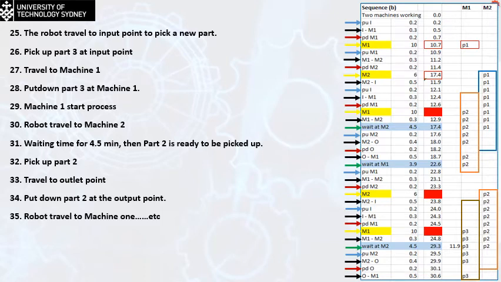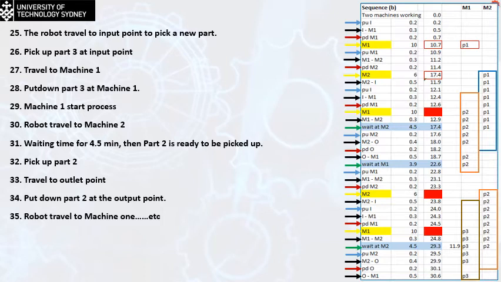Now how to find what will be the cycle time in this case. Because we finished part number 1 and part number 2, simply I'm going to take the total time when we left the part at the output point, which is the 30.1, and we go to the previous point when we put the previous part at the output point, and this will make it 18.2.